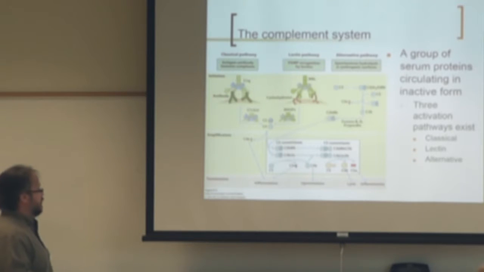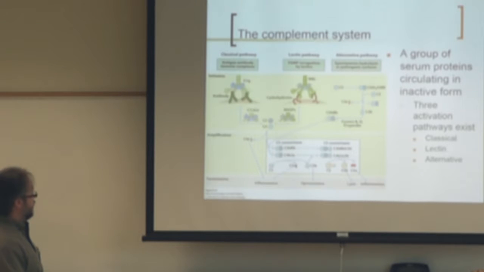So it's actually C3B is going to go and coat cells, or the C3A is going to really drive inflammation. And then C3B also will bind to this C4B2A complex and will change it into a C5 convertase. All that means, again, is that that's going to convert C5.